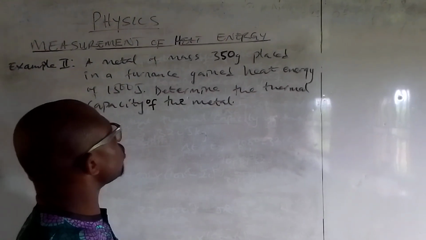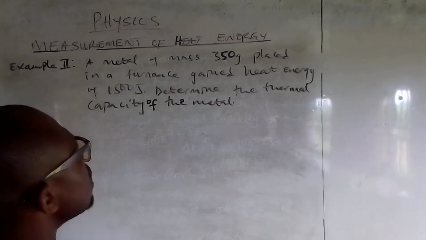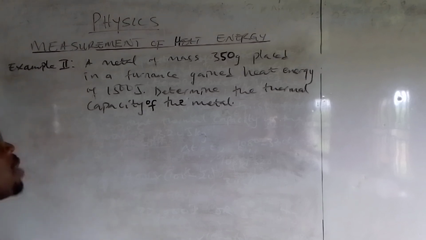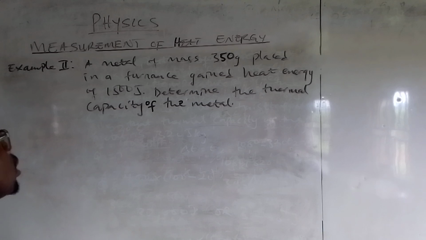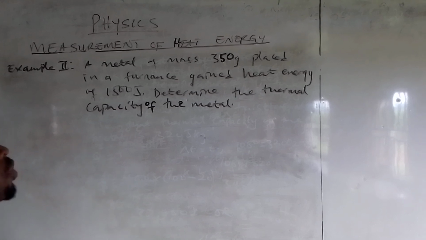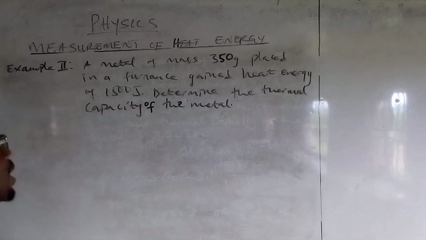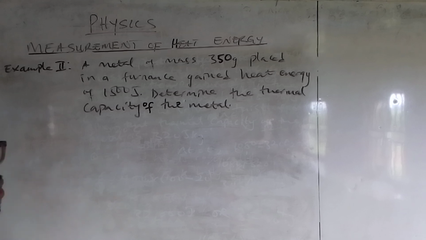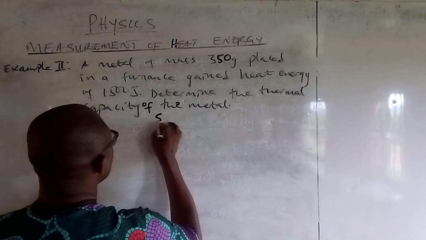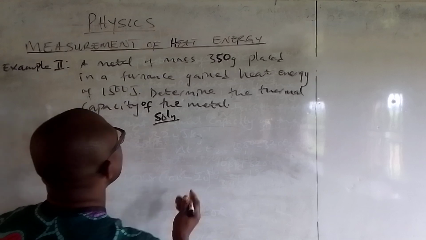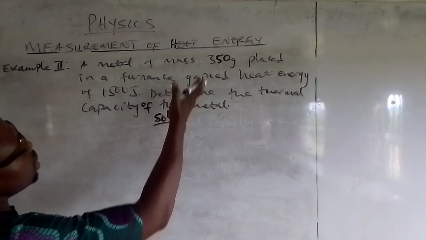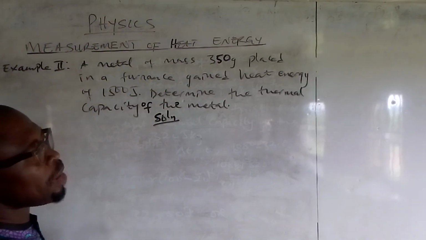Example 2. A metal of mass 350 grams placed in a furnace gain heat energy of 1,500 joules. Determine the thermal capacity of the metal. Solution. The first thing we do is to write out the parameters given.